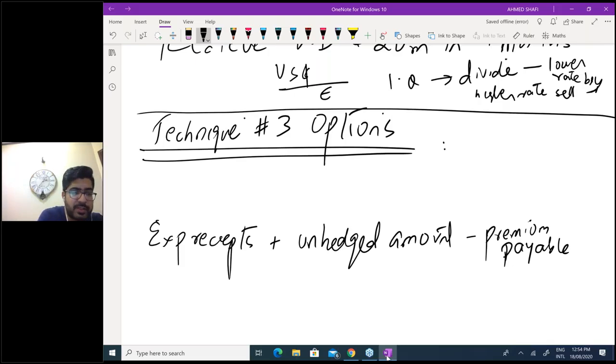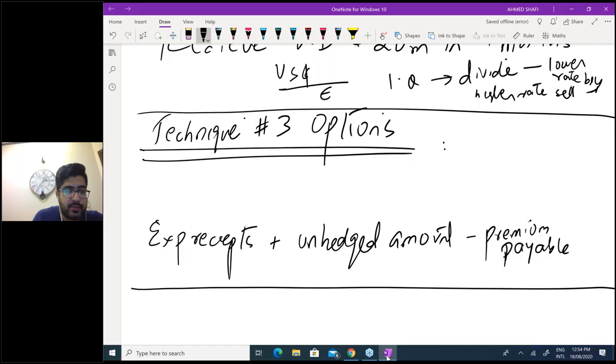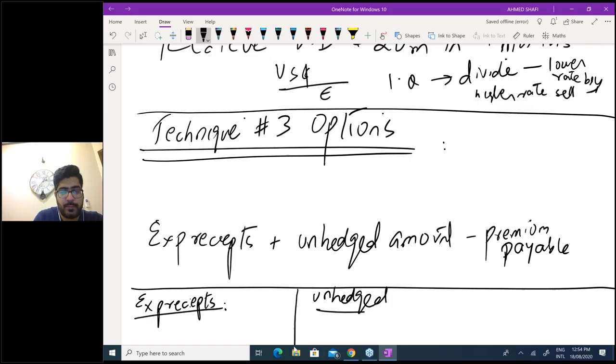You have to get three things right. Expected receipts, number one. Unhedged, number two. And premium, number three. If you get these three things right, you just have to add and subtract and the options answer will come.